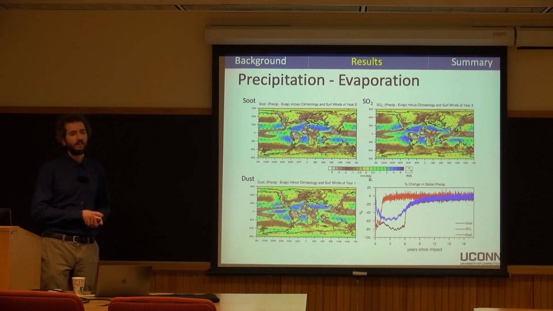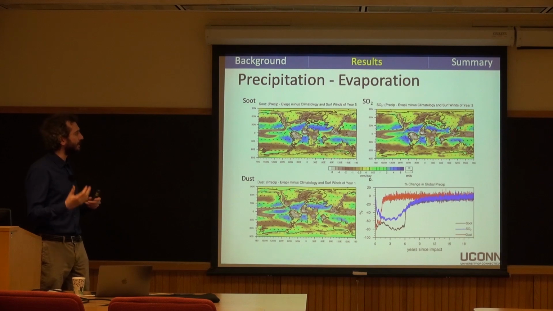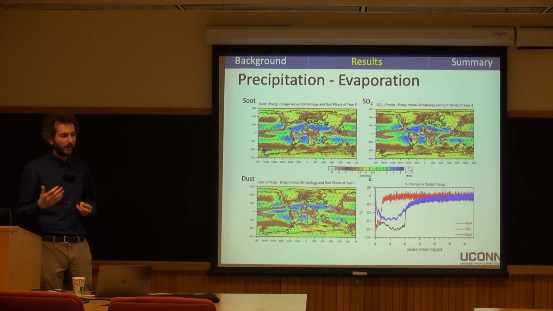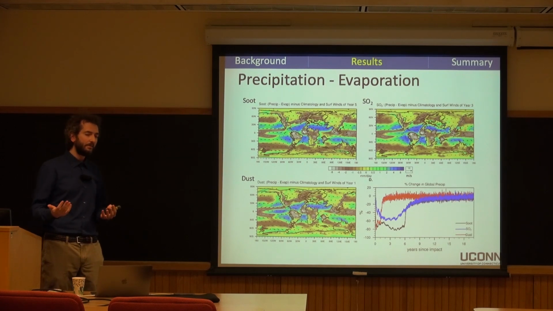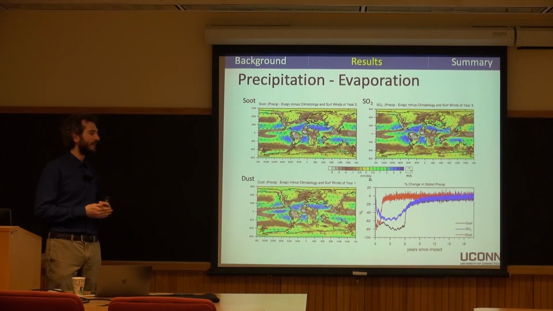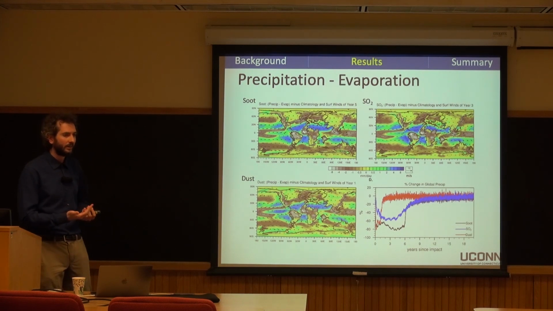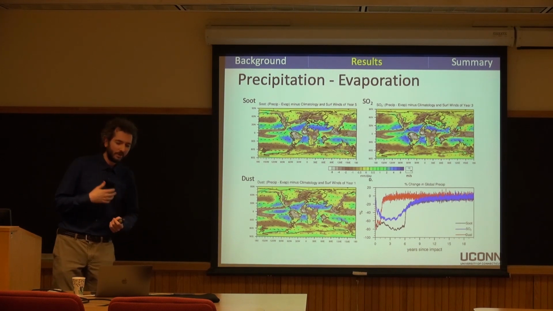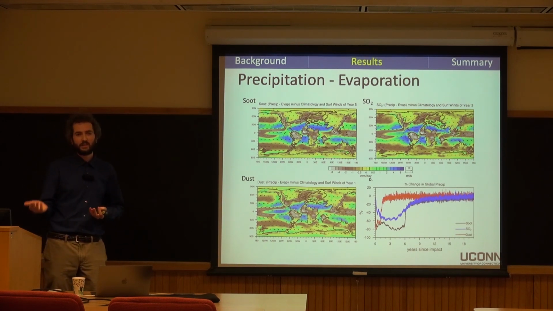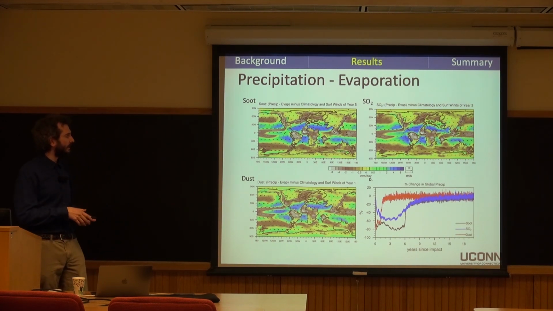But when we look at the change in precipitation minus evaporation, we get areas where we actually have a much greater moisture budget after the impact than before the impact. And this is due to the fact that you have a reduction in precipitation in these already dry areas, but you have significantly less evaporation as well. And so when you turn off the sunlight, you cool temperatures, your relative humidity shoots way up in a lot of these simulations.